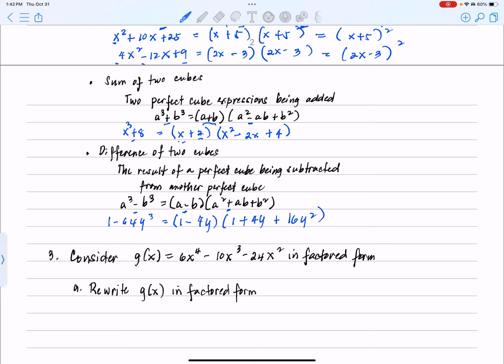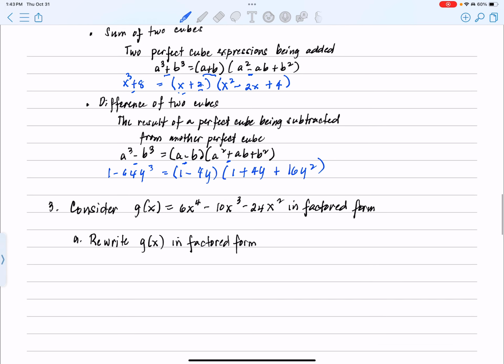I think we missed out the difference of two squares. I'm gonna write the third one here. I hope I have a space right here.